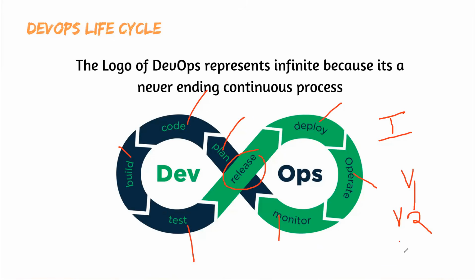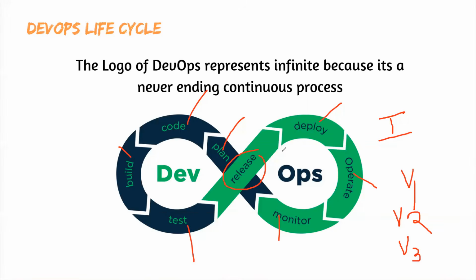Now again, version 3 I want to release, adding some more new features. Again I need to plan, code, build, test, release, deploy, operate. That is the reason we use the infinity symbol. Tell me one thing: if our applications stop giving updates, are we going to like the applications? That means an application continuously needs to give updates.